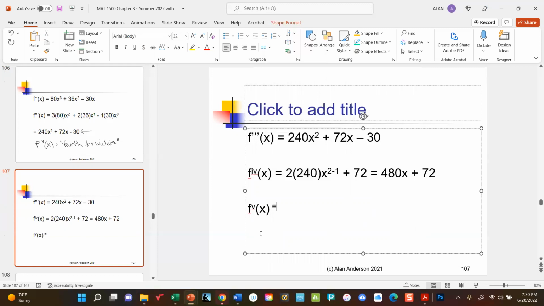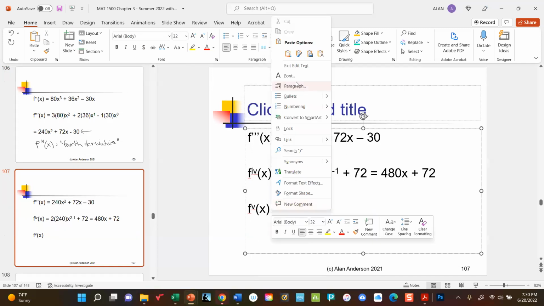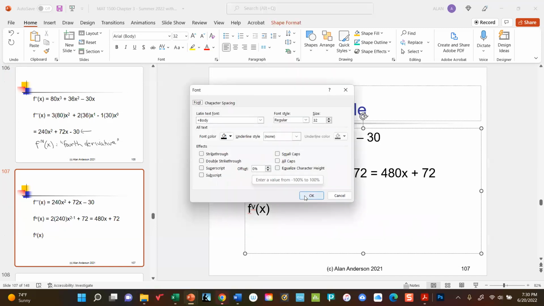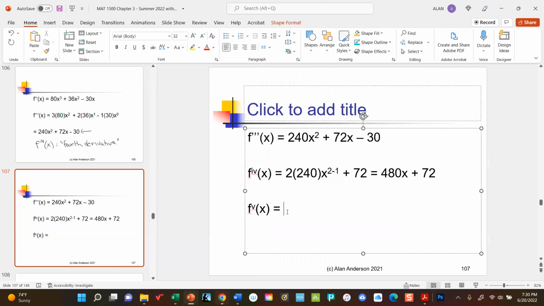So we end up with, now the 480 is just a constant times x. So that means that you'll just wind up with 480. And of course, the 72 drops out at 0.